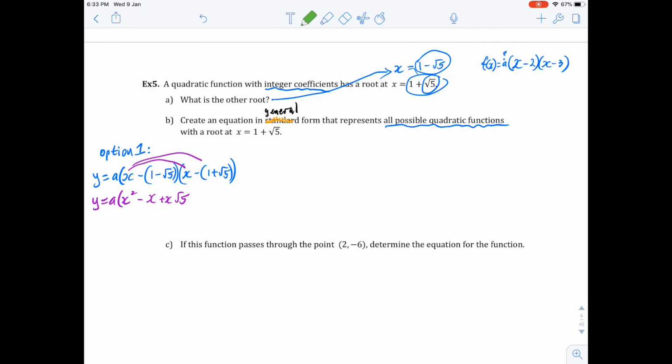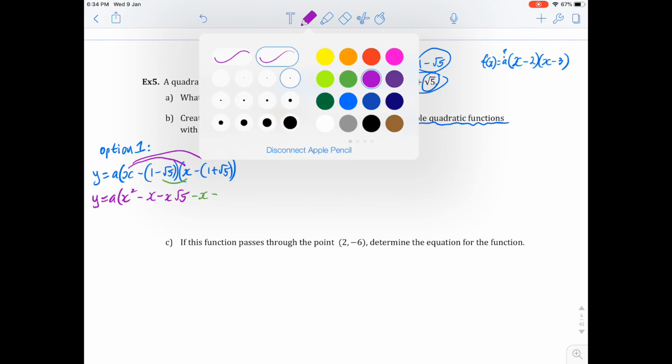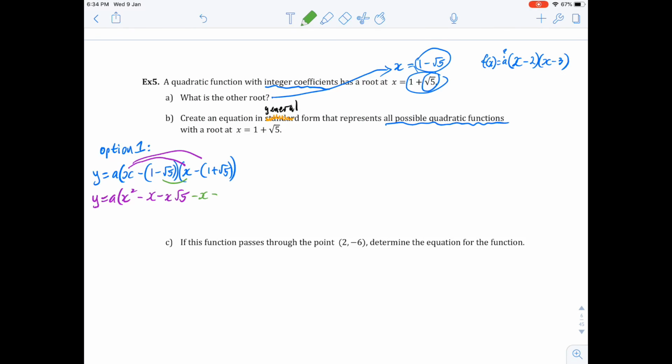I'm going to switch colors here, and then we're going to have minus x, make sure I haven't made a mistake here, x squared minus, I beg your pardon, that should be a minus, and we've got minus x plus x root 5, and then lastly plus, and I'll do this a little bit slower, 1 minus root 5, 1 plus root 5 are the terms that are left.